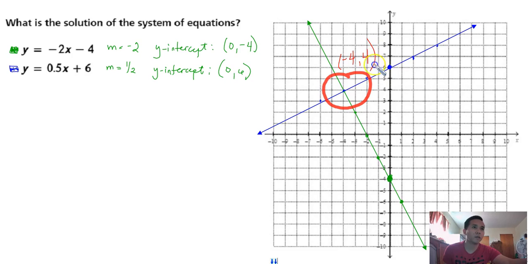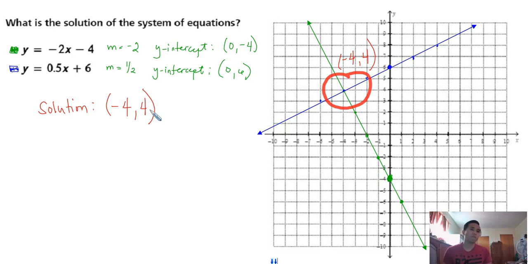So we can now say that the solution of this system is (-4, 4), because that is where the two lines intersect. Therefore, it's the solution of both equations.